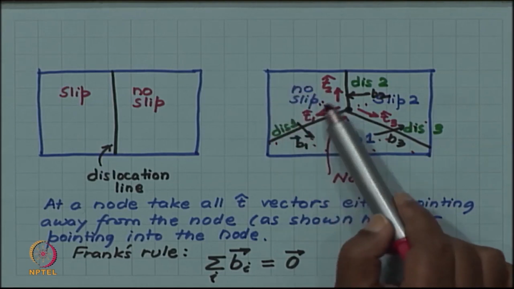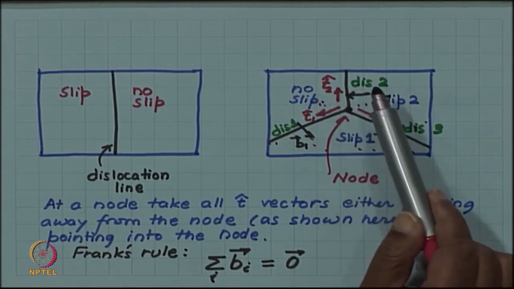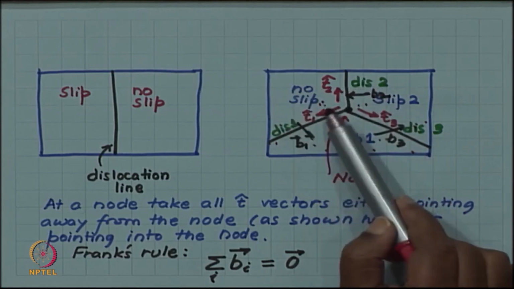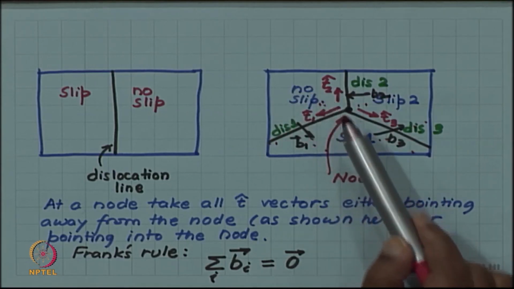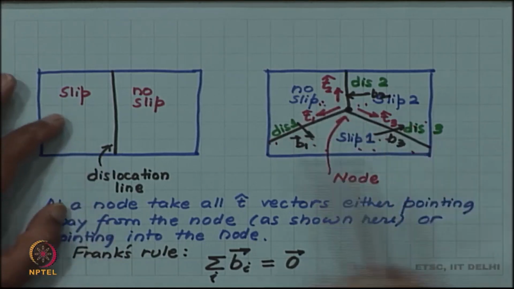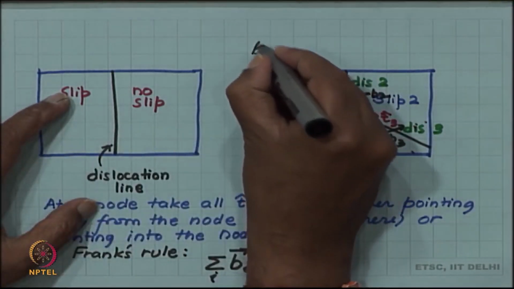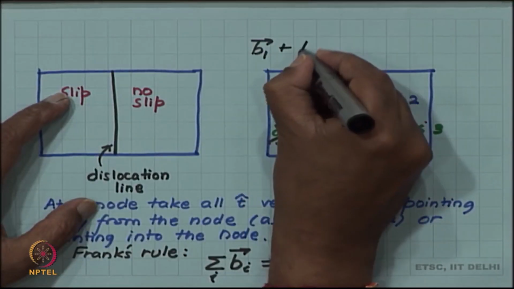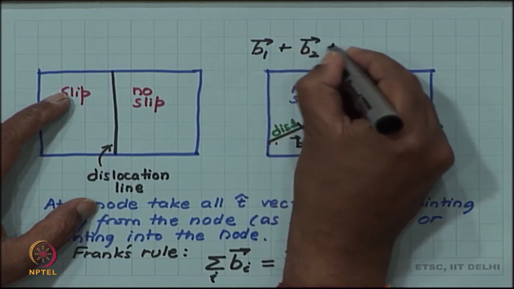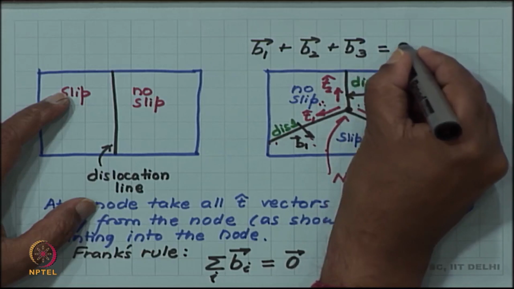But since I am back at the original, the sum of all these 3 should total to no slip, because finally I am in a no slip region. So, the sum B1 plus B2 plus B3 in this case should be 0.